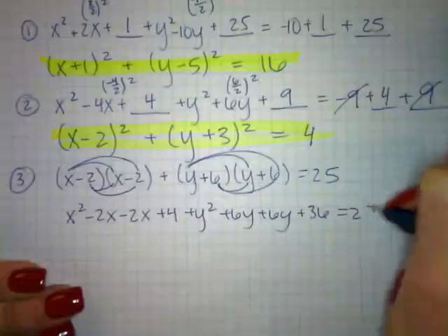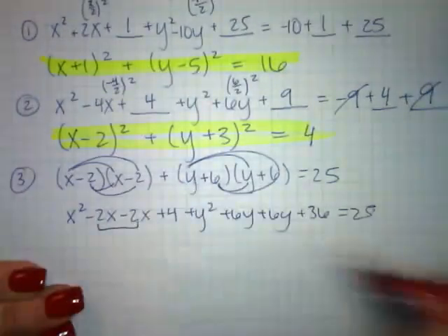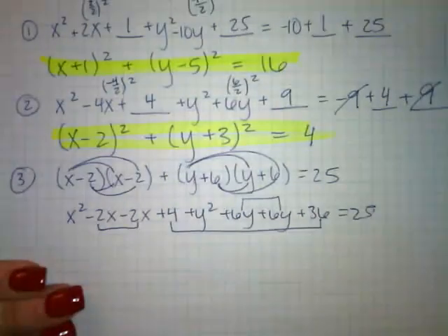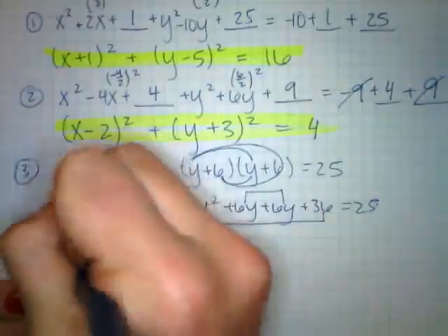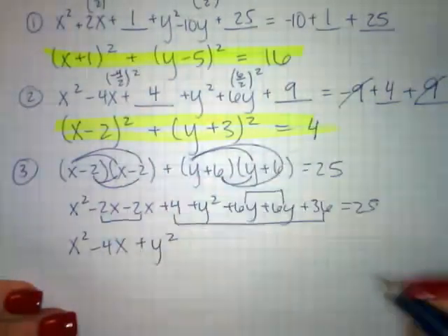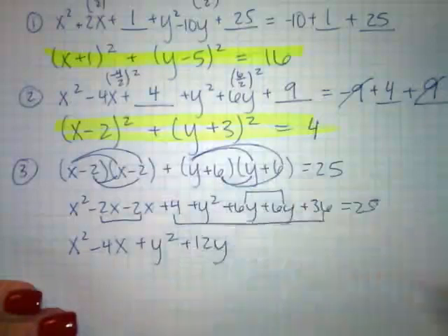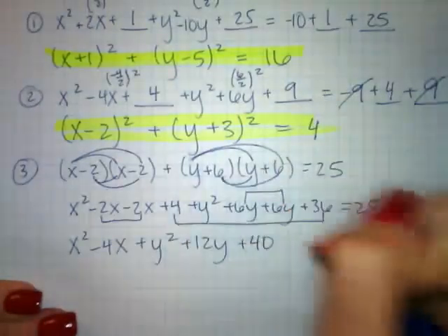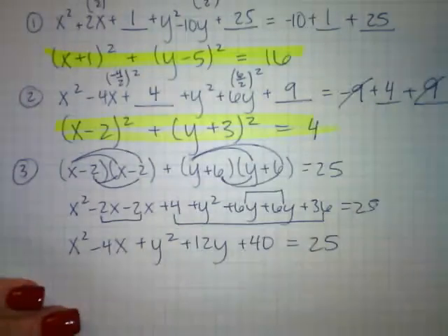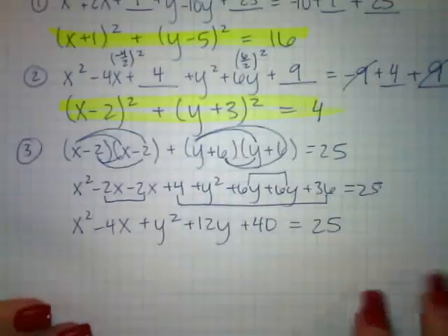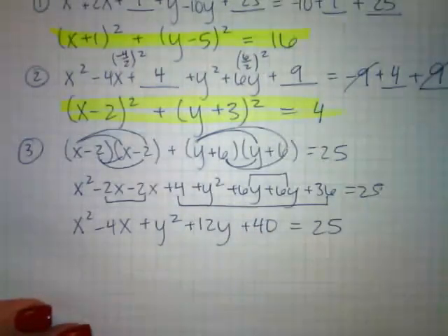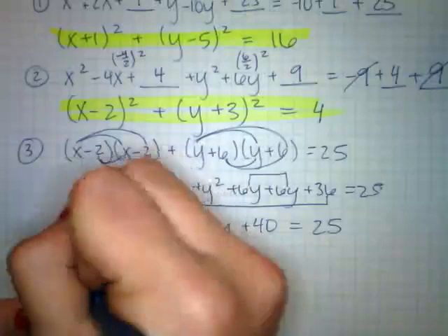Now we can combine like terms. These are like terms. These are like terms, and those are like terms. Okay, the last step in this process is just to make sure that the exponents are written highest to lowest in alphabetical order, and make sure it's set equal to 0.